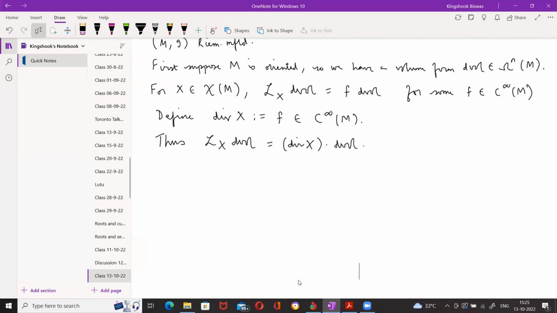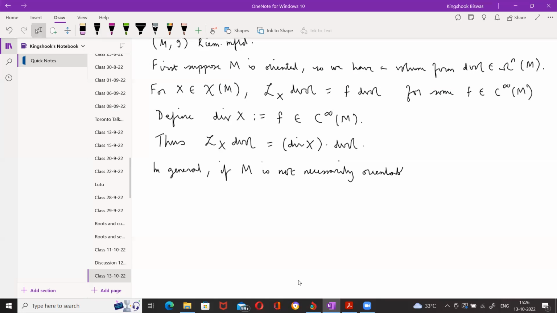Now, here we assume that M was oriented so that we have a global volume form. But orientation is not really an issue here. In the general case, if M is not necessarily orientable, we can just work with local volume forms.